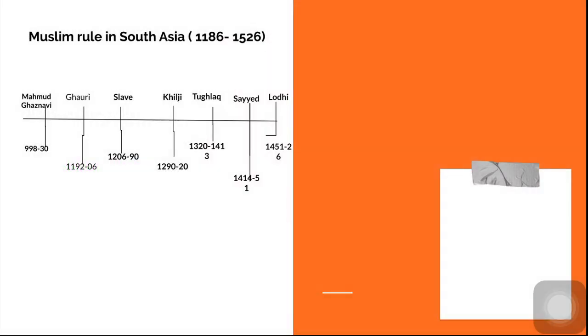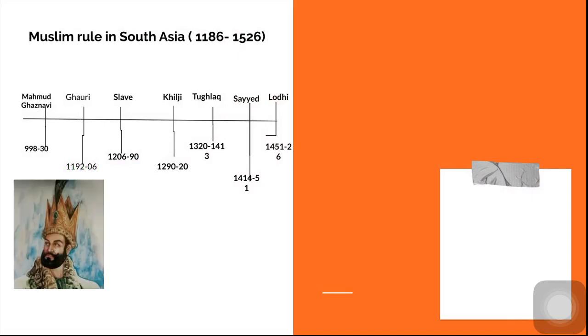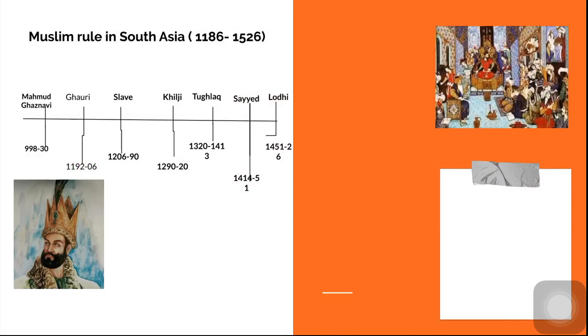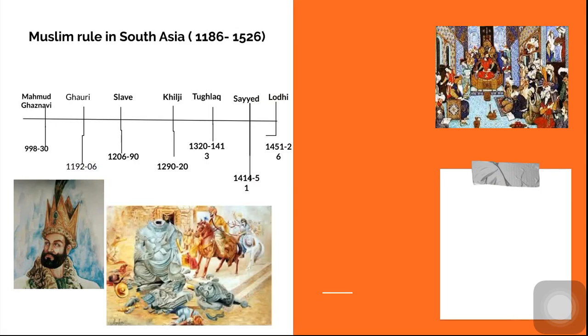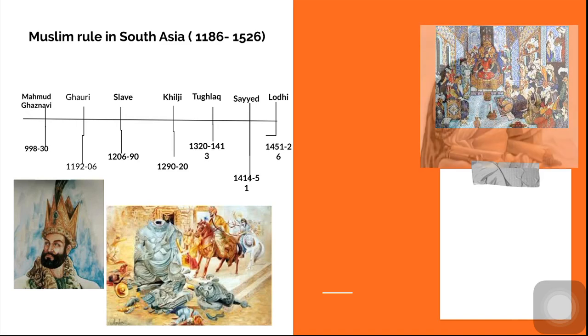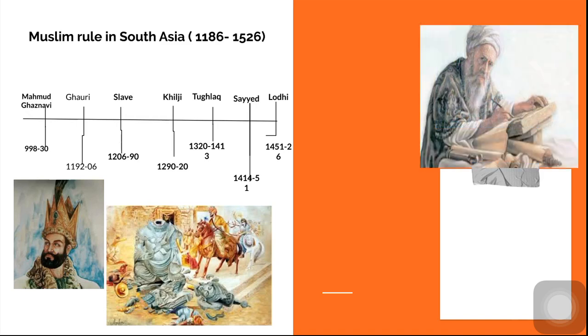Now see the expedition of Mahmud of Ghazni from 998 till his death in 1030. When he expanded his kingdom, as I told you, he got the title of idol breaker from the temple of Somnath.